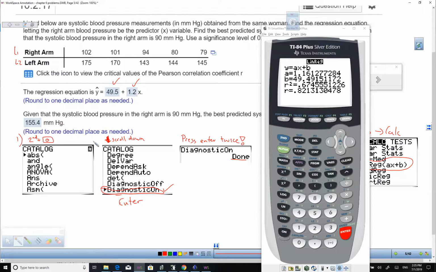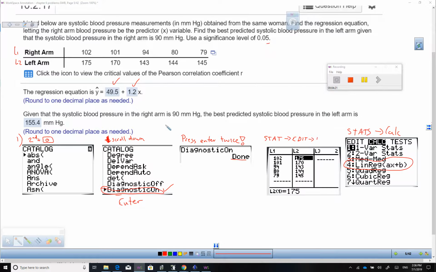Now the next part is you need to predict the value on the left arm, given a value of 90 millimeters of Hg on the right. So this is the independent variable, and you want to find the dependent one.